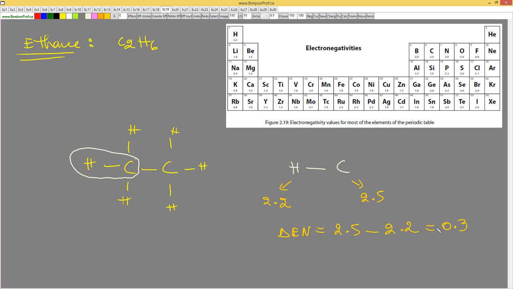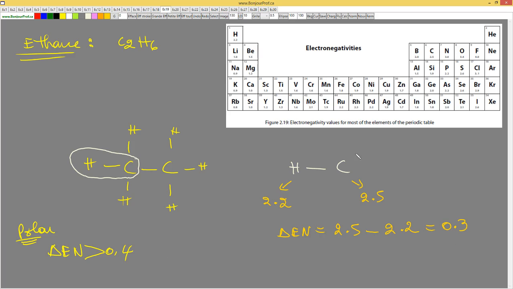And recall what we said, for the molecule to be polar, we have a rule. The difference of electronegativity must be greater than 0.4 to be polar. But this one is 0.3, so it is less than 0.4.